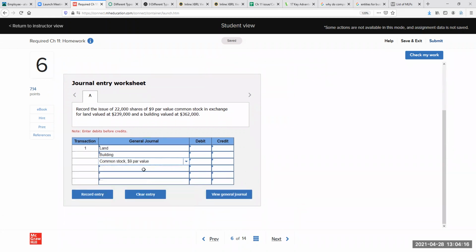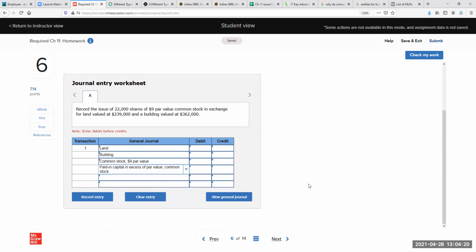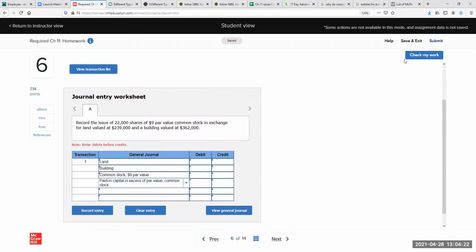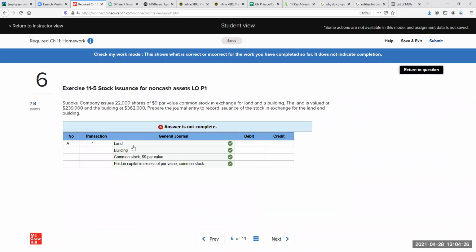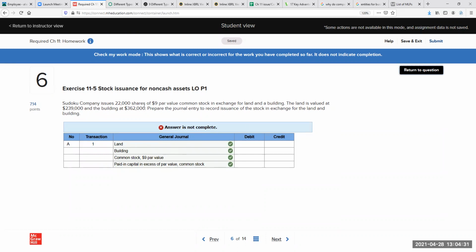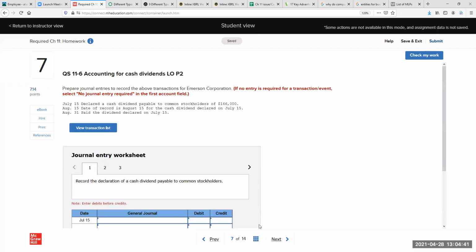It has a $9 par, and then there's paid in capital in excess of par from common. Okay. So instead of getting cash, they're getting assets, and they got more than $9 per share. 9 times 22 is like 198,000, and they got 362. Okay. All right.